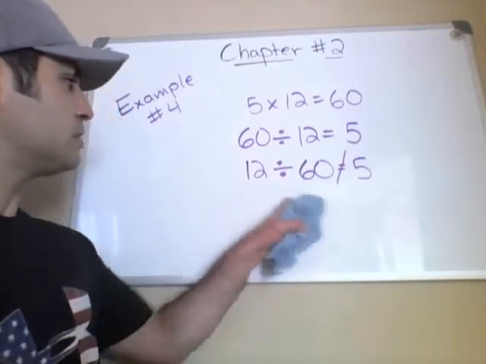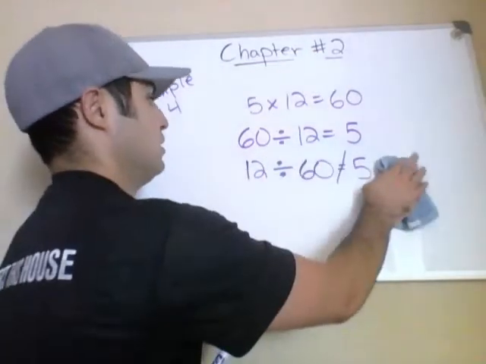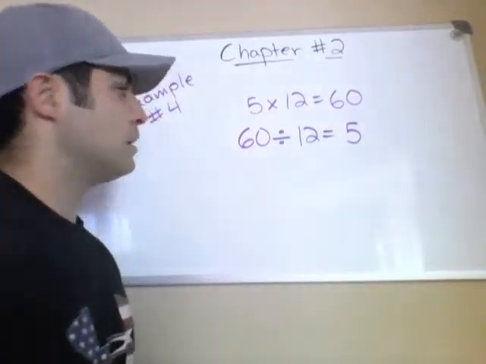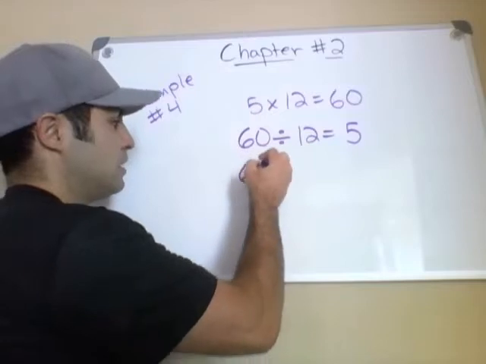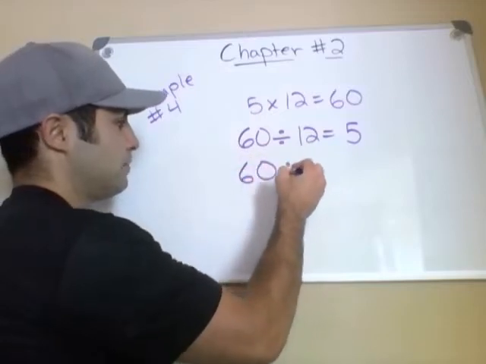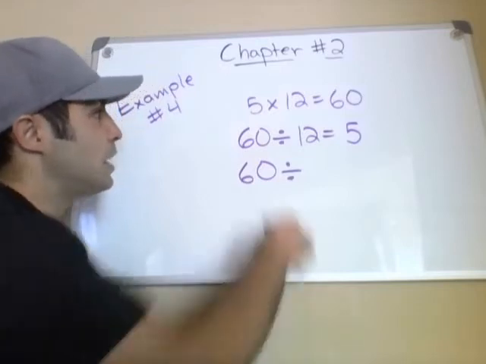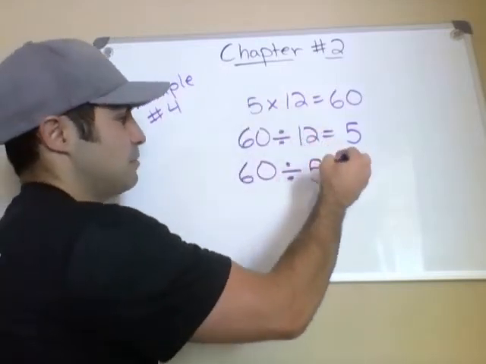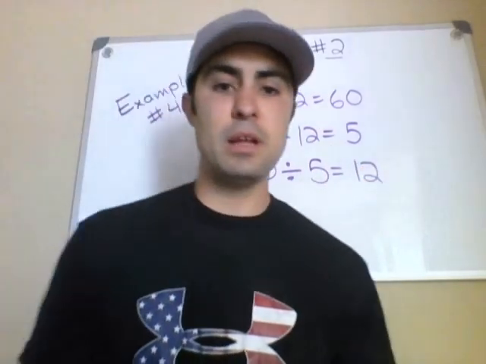So this little problem right here is not part of this fact family. What we're going to do to complete this fact family is I'm going to keep the dividend, and instead of using 12 as our divisor, I'm going to use 5 as our divisor this time. And then the answer will be 12. That's a bit on fact family.